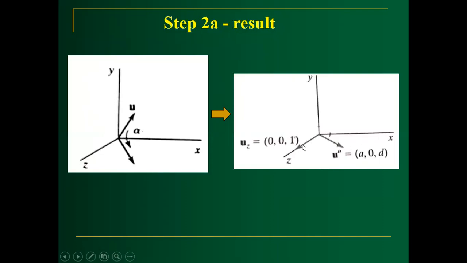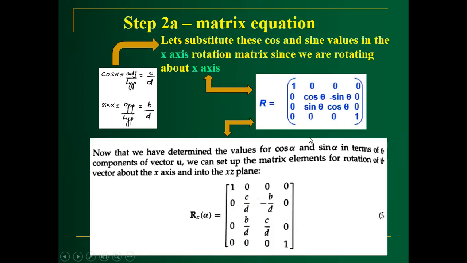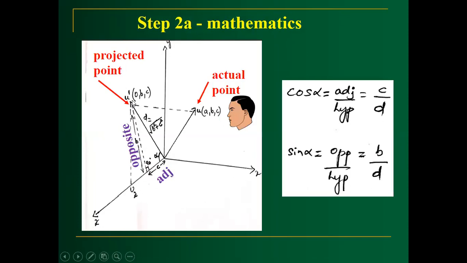Now what is this point? This uz is your d. And since you are now rotating around the y-axis, the y parameter is 0 and the x parameter remains as such, that is a. And I told you already, once you start rotating u dash anti-clockwise, at some point of time u dash will become uz. That is, this d will now fall to uz.